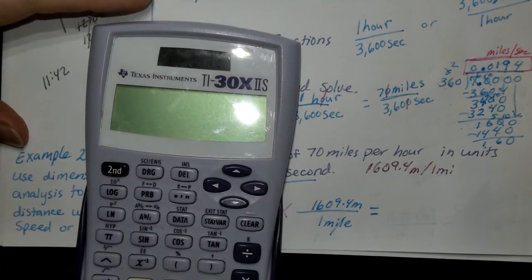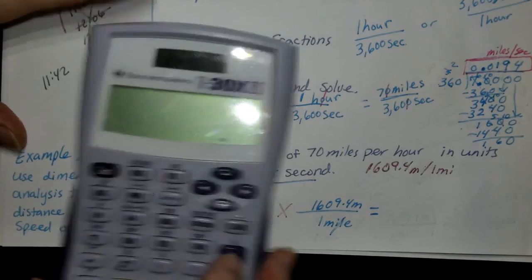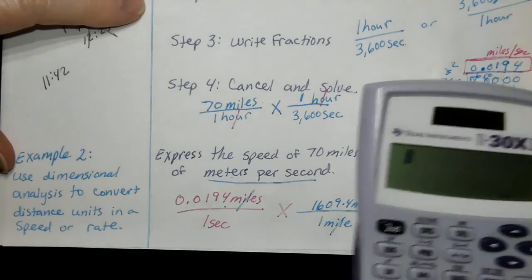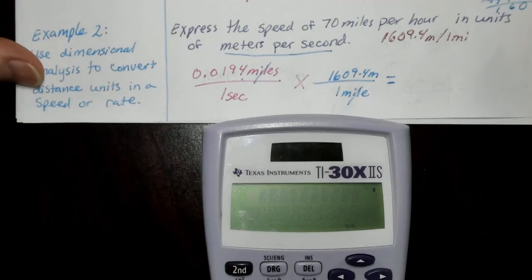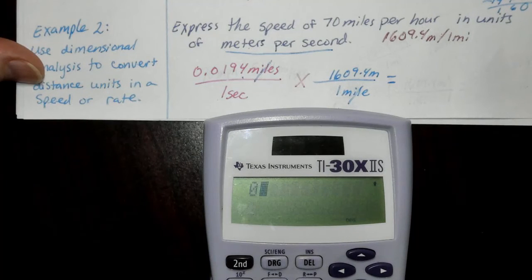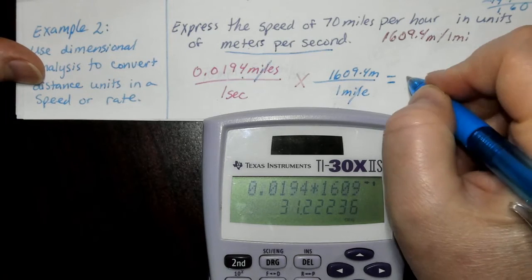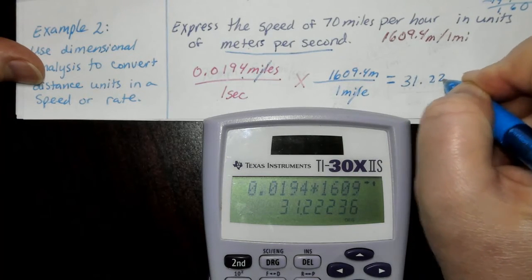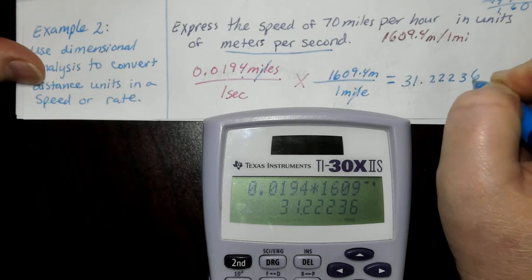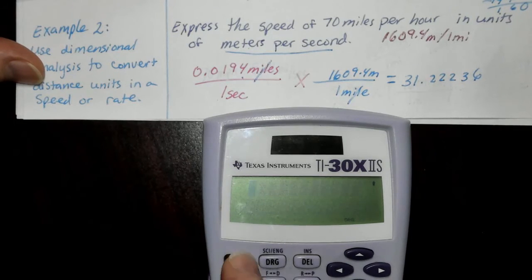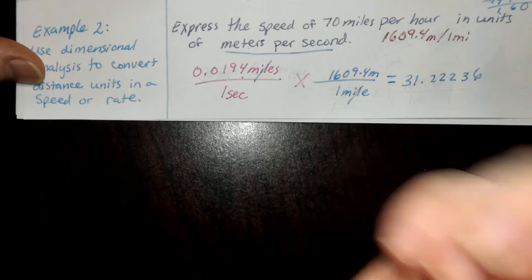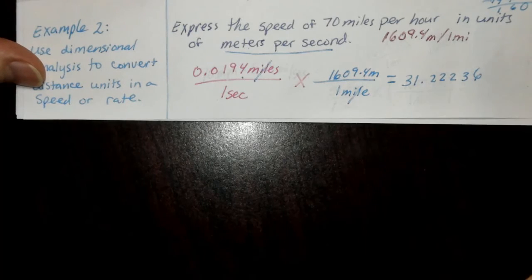So I'm going to grab this right here, turn it on. I'm going to multiply 0.0194 times 1609.4, and it gives me 31.22236, but I need to round this off to my original three places.